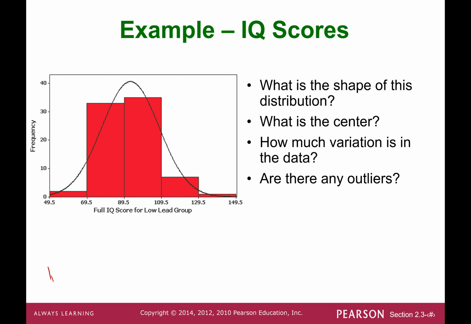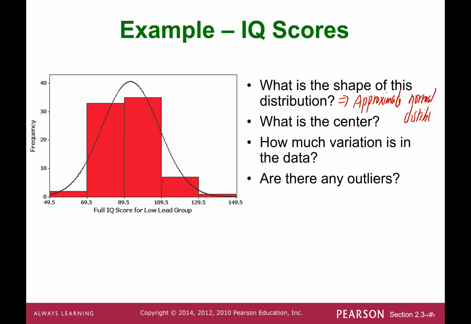Okay. Let's take a look at the frequency distribution table histogram we constructed. We can fit an approximate bell curve here. That tells us that this is an approximately normal distribution.